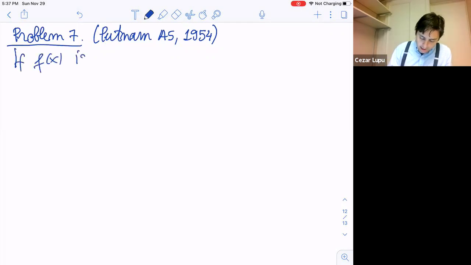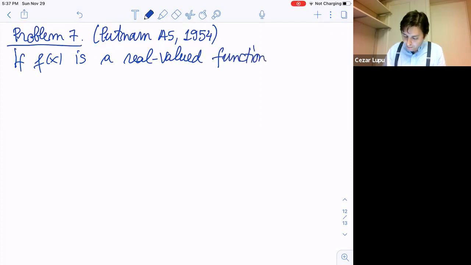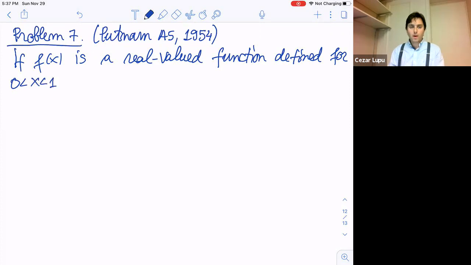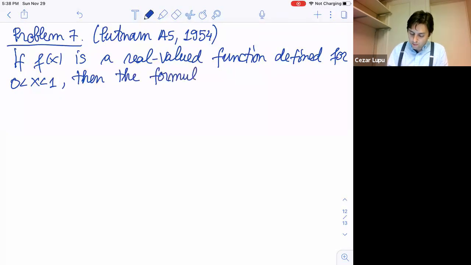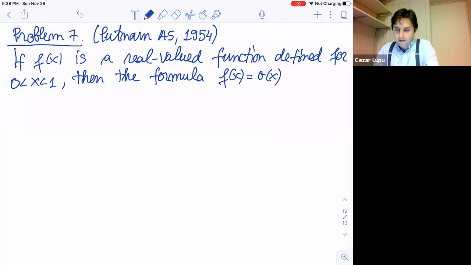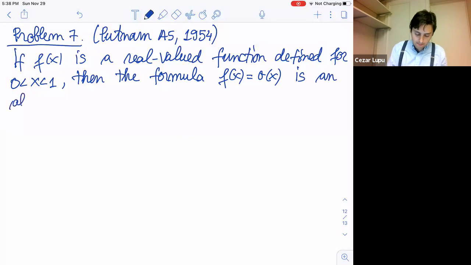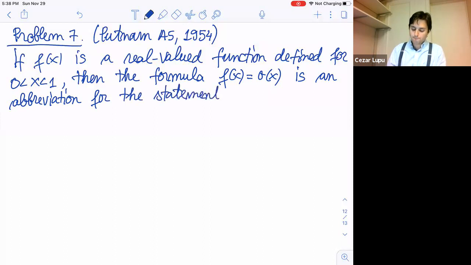So if f of x is a real valued function defined for all values of x between 0 and 1, then the formula f of x is little o of x, probably you have seen this in computer science, is an abbreviation for the statement that f of x over x approaches 0 as x approaches 0.